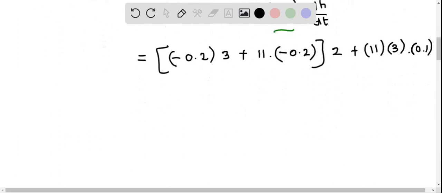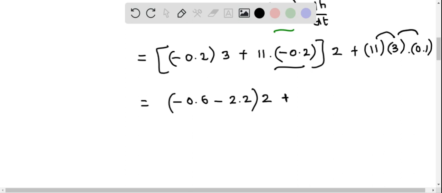Now let's evaluate this. So this equals negative 0.2 times 3 is negative 0.6, and this also is a negative product. So we will get 11 times negative 0.2 is negative 2.2, and this has to be multiplied with the 2. We have a positive quantity, plus 11 times 3 is 33, and 33 times 0.1 is 3.3. So I put 3.3 here.